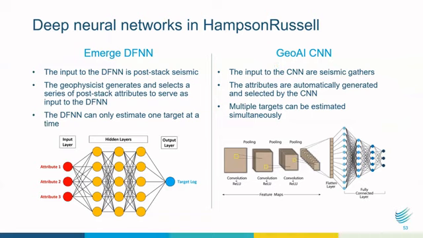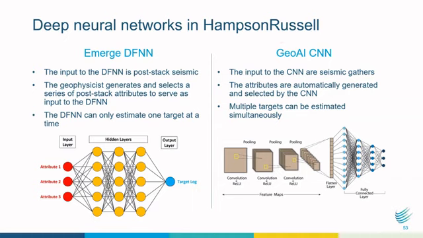And input here, input to the CNN, as I mentioned before, are seismic gathers, and it gives us additional benefits. So we can additionally use synthetic seismic gathers here, which we generated for each of those pseudo wells. So we generated pseudo wells, we generated synthetic seismic gathers, and now we can use them to train a convolutional neural network.